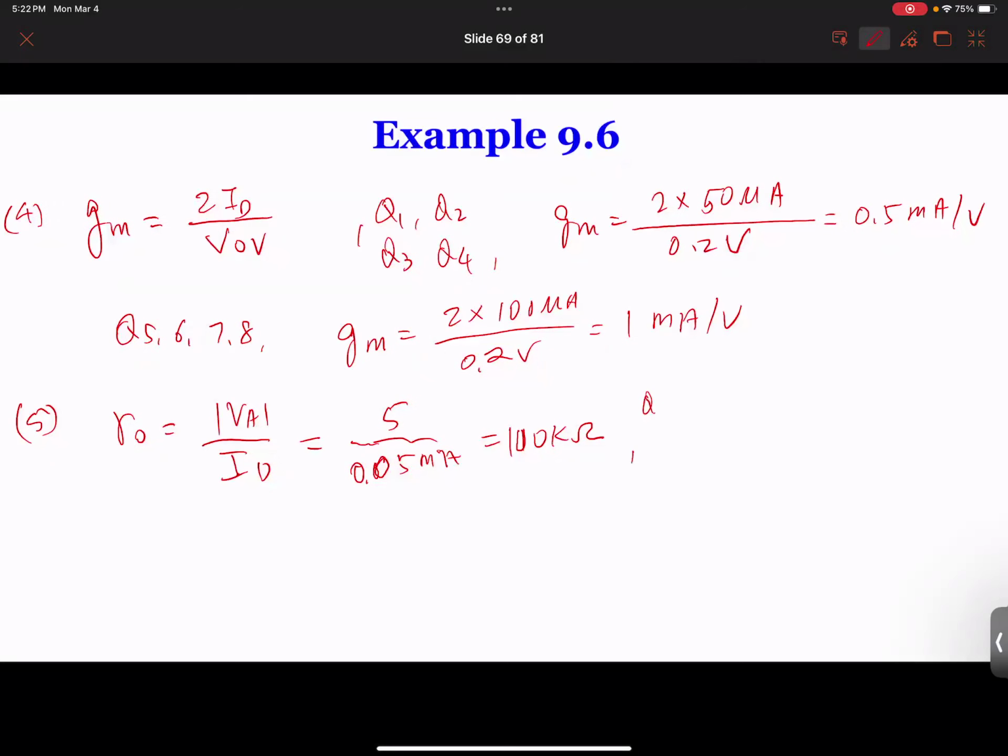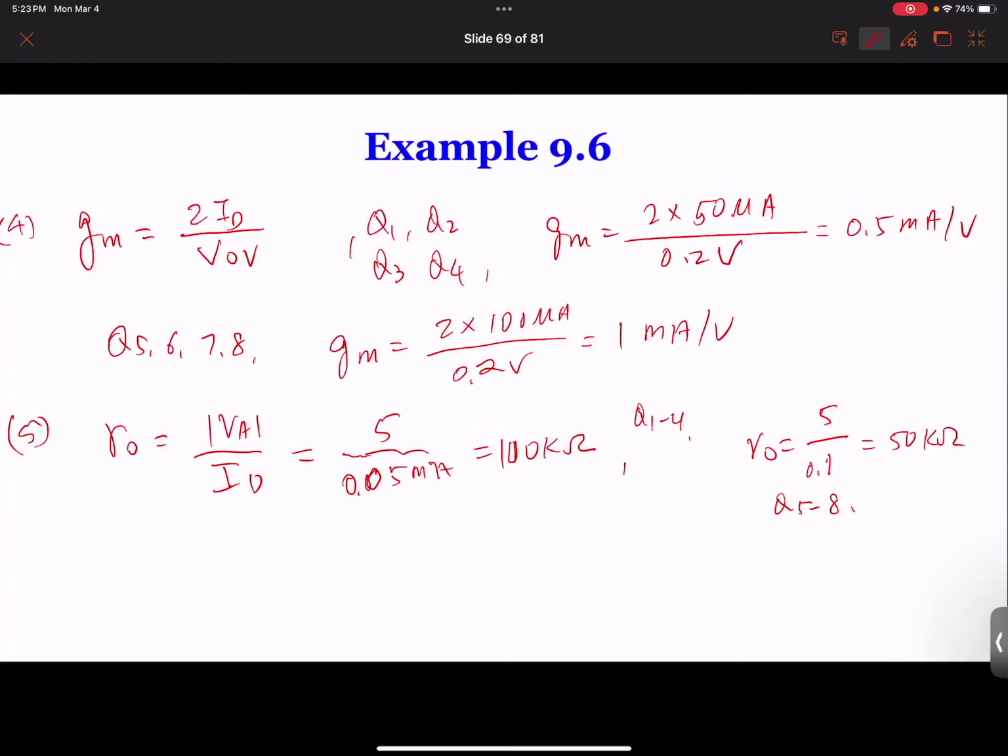That's for Q1 to Q4. And then RO would be equal to 5 volts divided by the other, 0.100 milliamps. So that gives you 50 kilo ohms for Q5 to Q8. So that's RO. All these numbers are fairly easy to do.